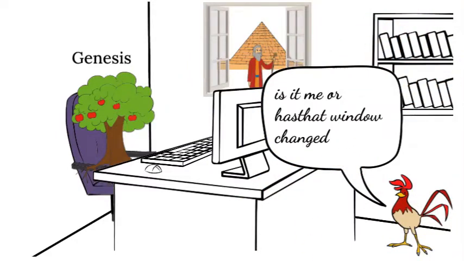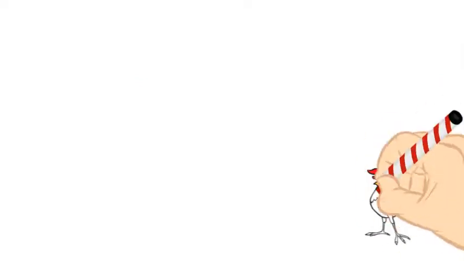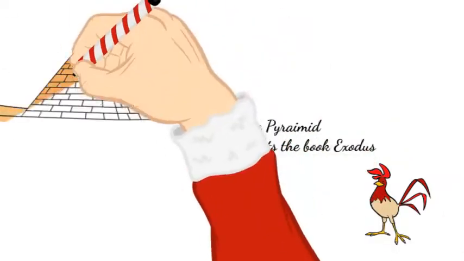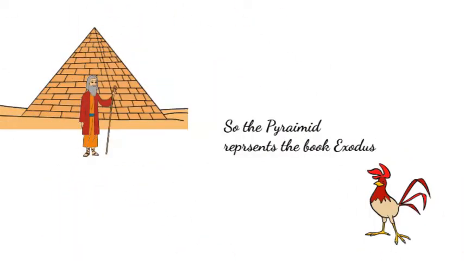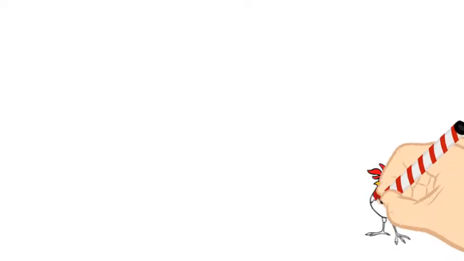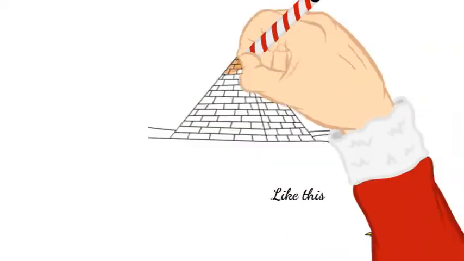Is it me, or has that window changed? So the pyramid represents the book Exodus. Like this.